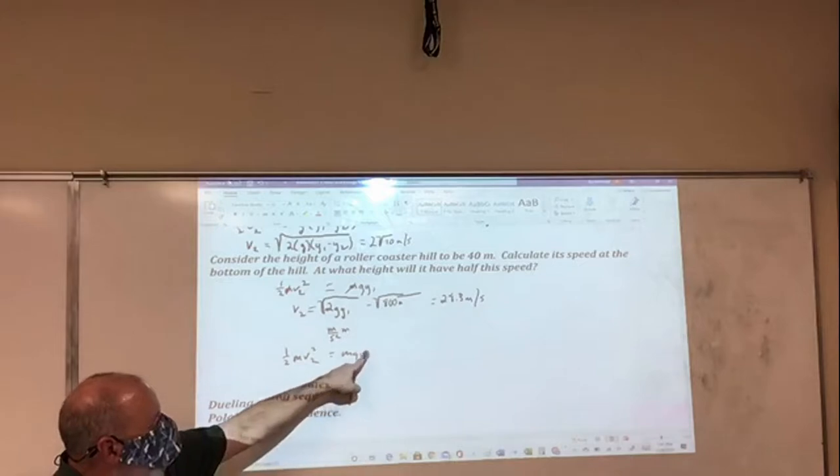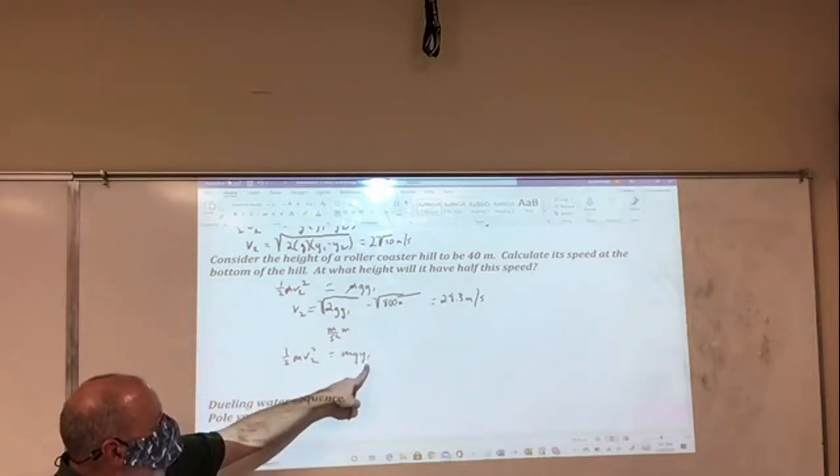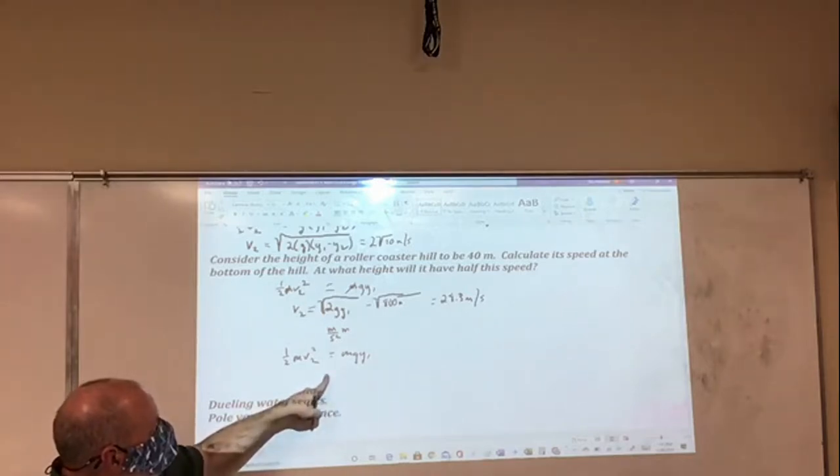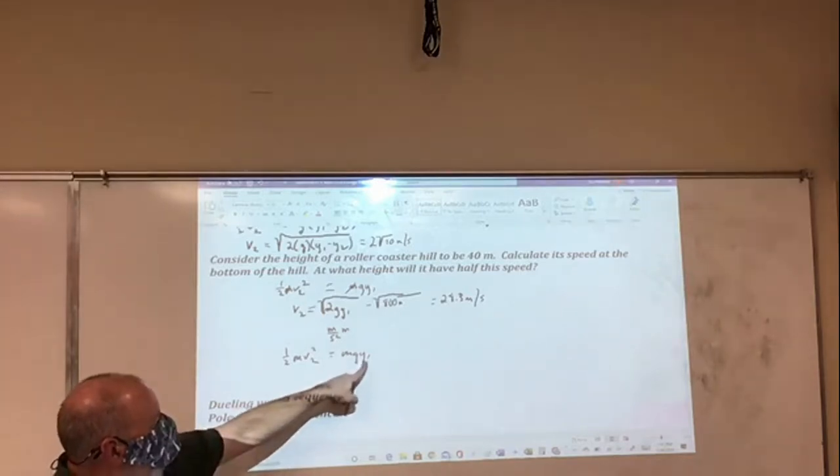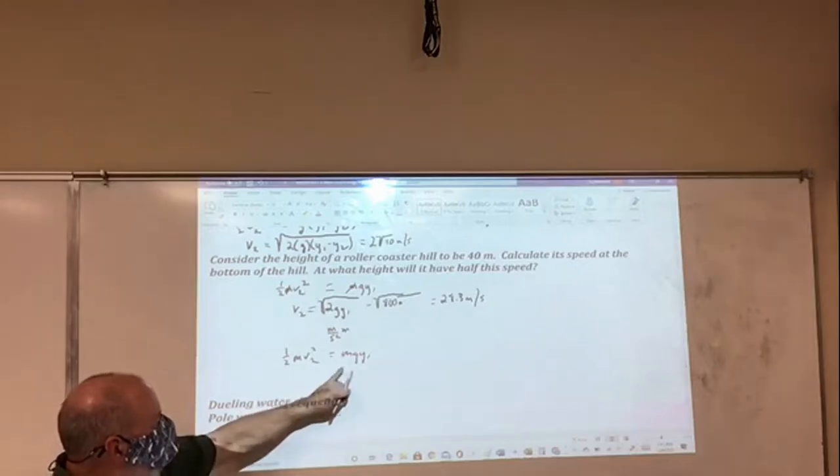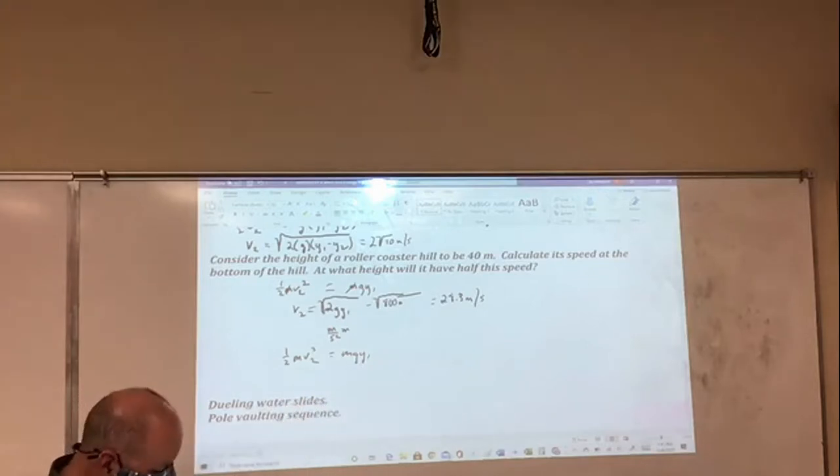Because that's the height of the top of the hill. So I want y1 now, don't I? Something about that doesn't seem quite right, but let's see what happens. If it has half that speed, would it not still have potential energy at that point?